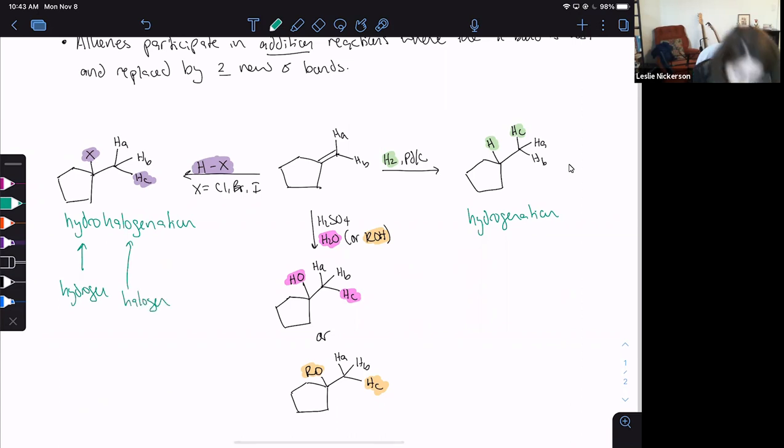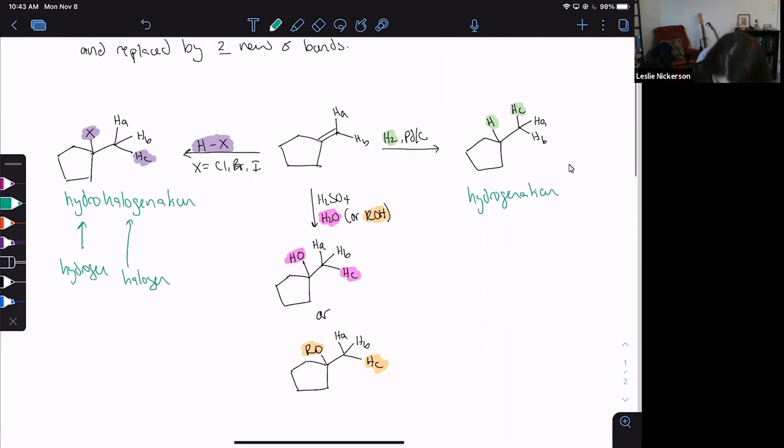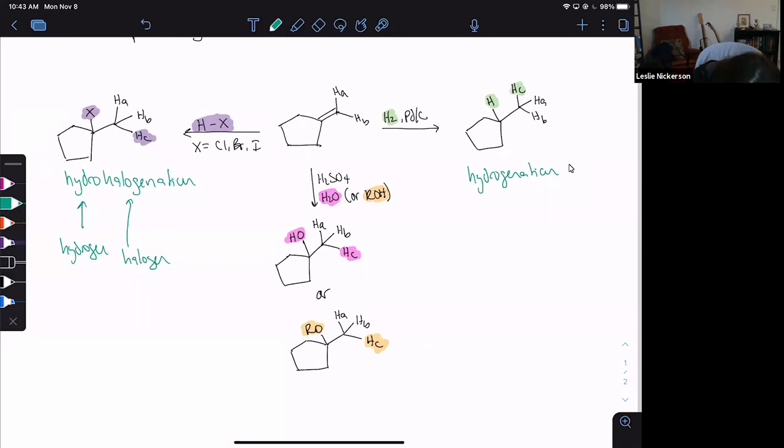Kind of split apart the word. This is a hydration because we're adding water. Okay. I don't actually know what the one with alcohol would be called, but they probably still call it hydration anyways. Okay, so we have those three reactions.